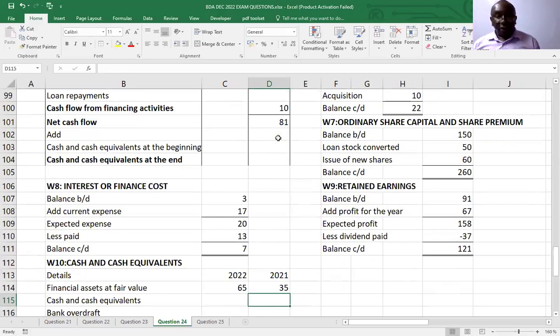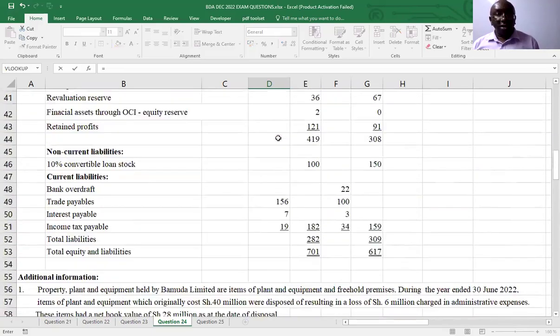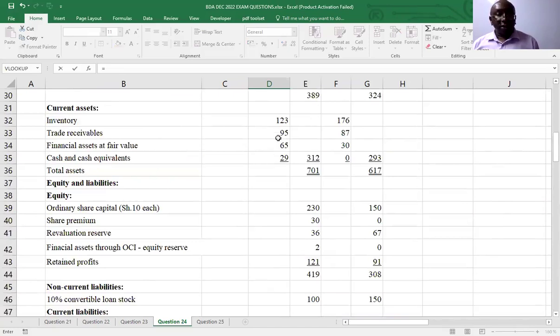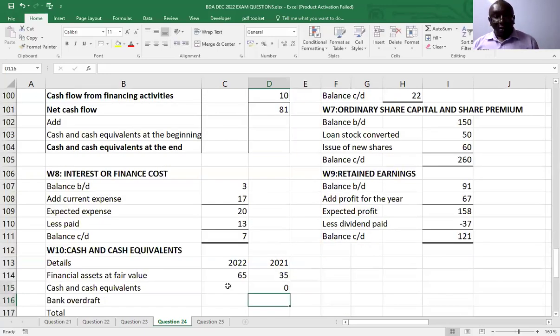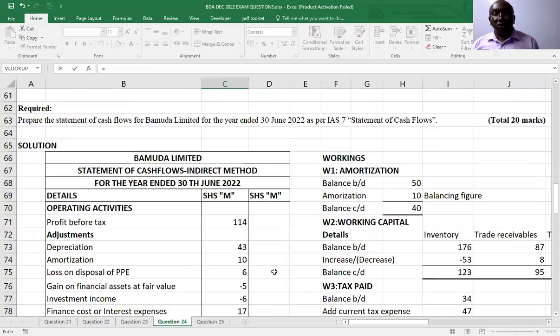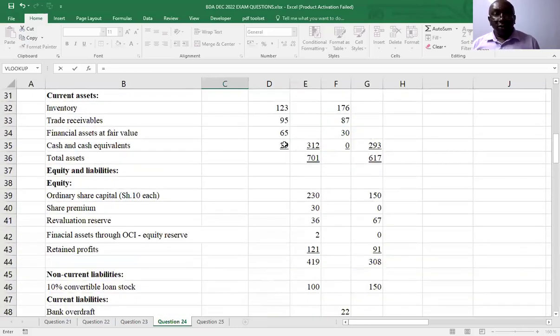Then tukuja kwa cash and cash equivalent. Cash and cash equivalent for the year 2021 is 0. Then cash and cash equivalent for the year 2022 is 29.